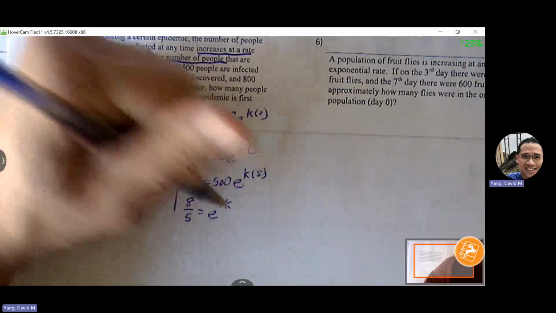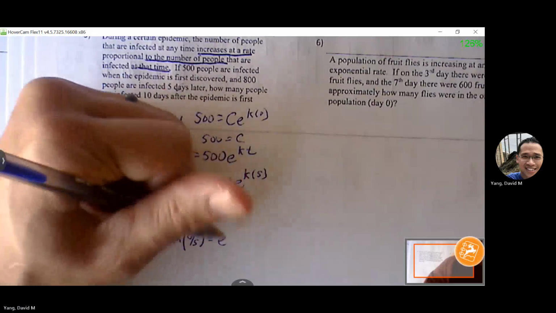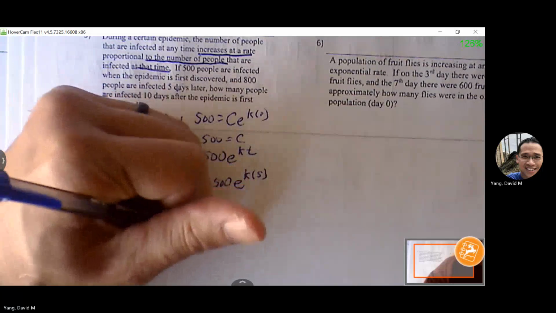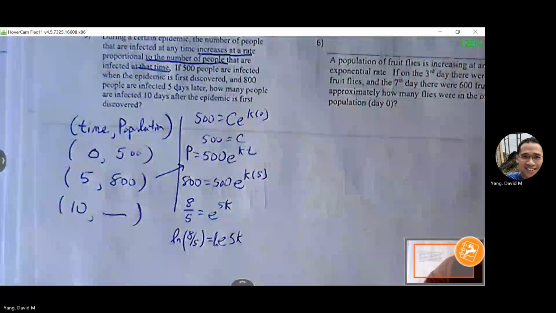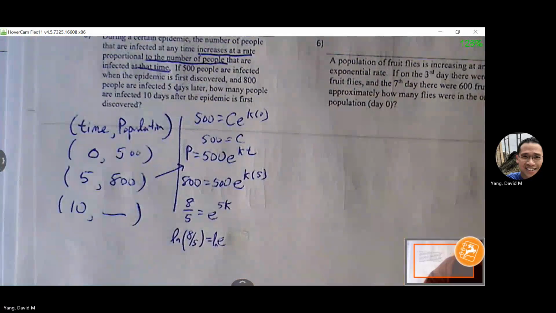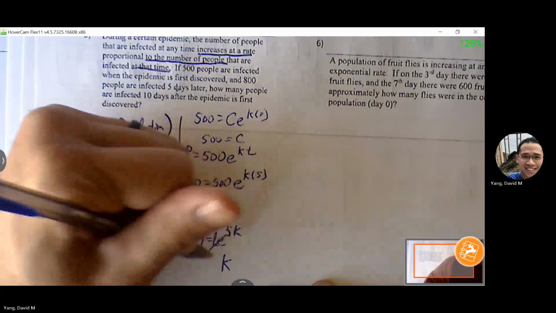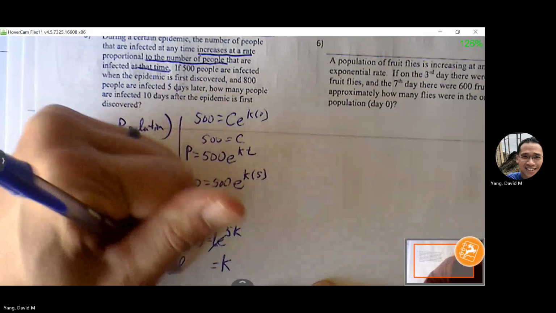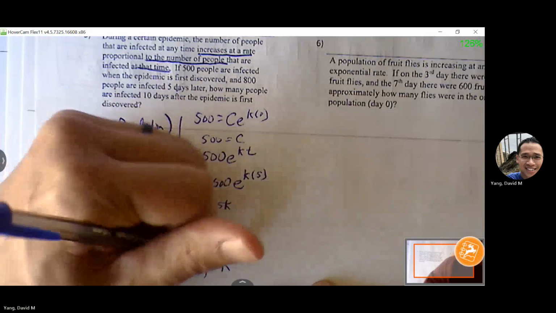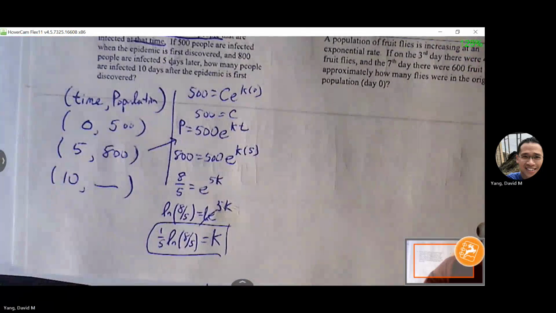We can calculate for this. I want to see you holding on to your k value and not using decimal approximation till the very end.